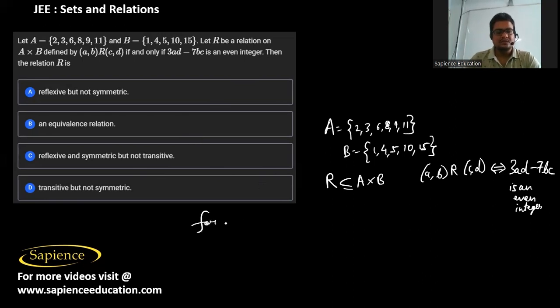So the rule is that for reflexive, (a, b) should be related to (a, b).